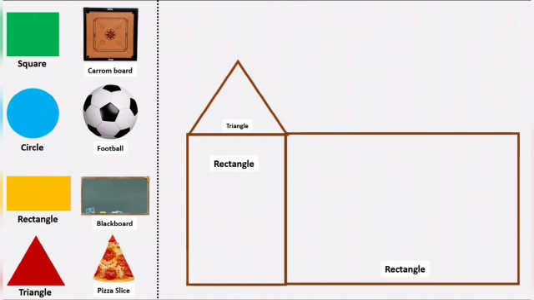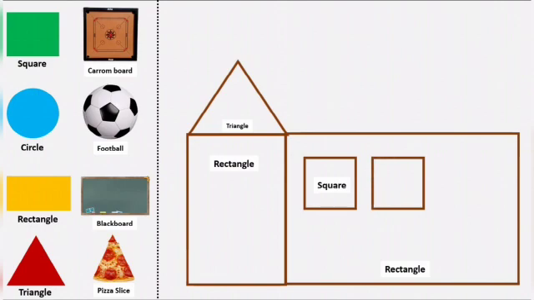Here comes another shape. It's a square window. Let's see what's next. Another square window. Okay, and what's next? One more square window. Okay, can you guess what is this figure? Let's see.